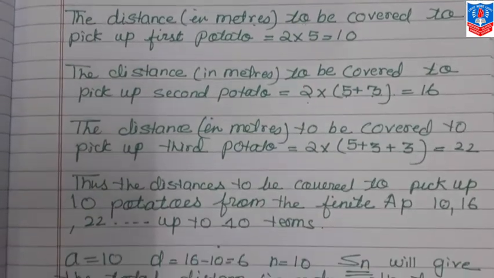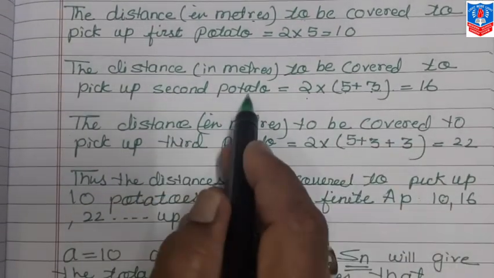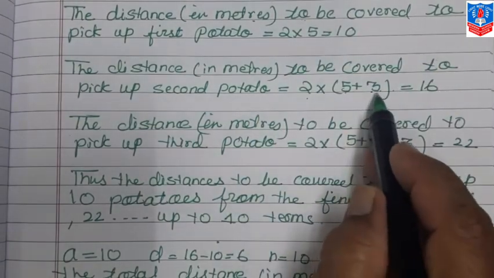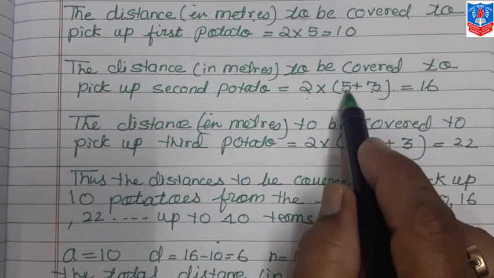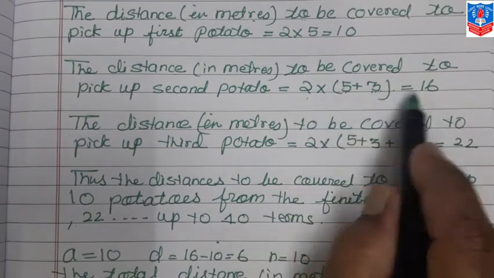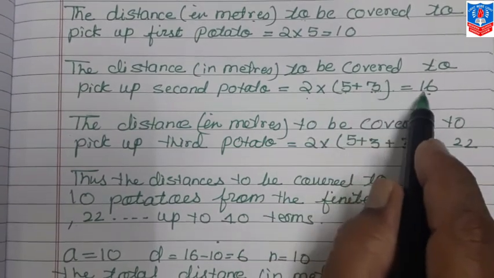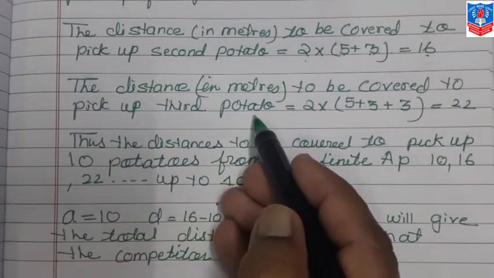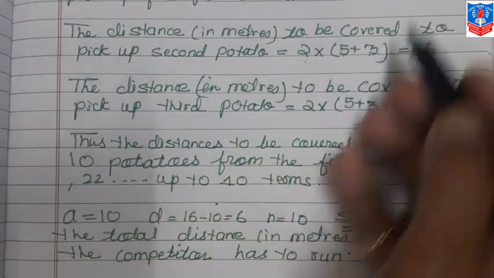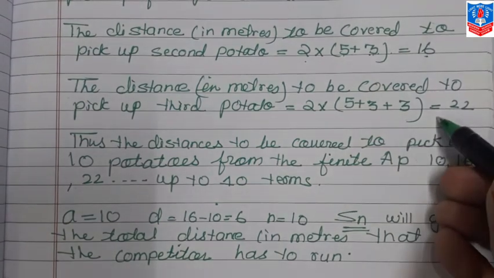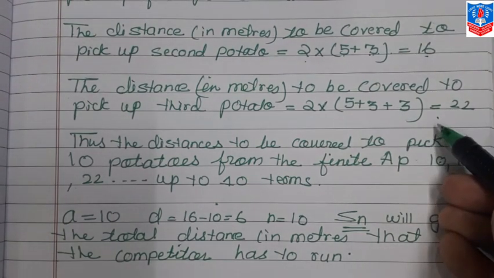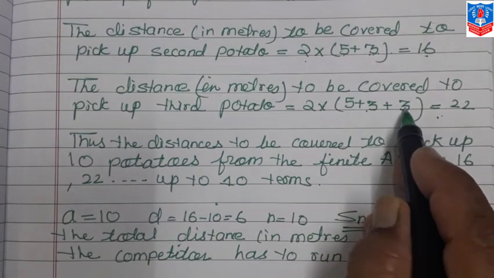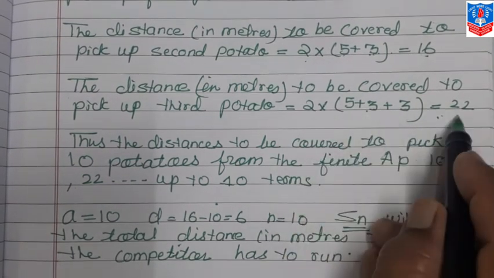The distance in meter to be covered to pick up the second potato, 2 into 5 plus 3, so 5 plus 3 is 8, 8 twos are 16. यहाँ पे बच्चे गलती करते हैं. The distance to pick up the third potato, 2 into 5 plus 3 plus 3. क्यों? क्योंकि नेचुरल 3 है, तो इक्वल 5 + 3 8, 8 + 3 11. 11 into 2 is 22.